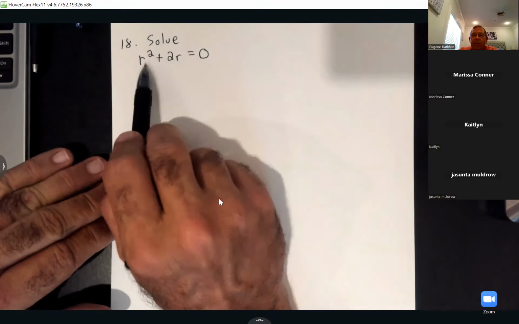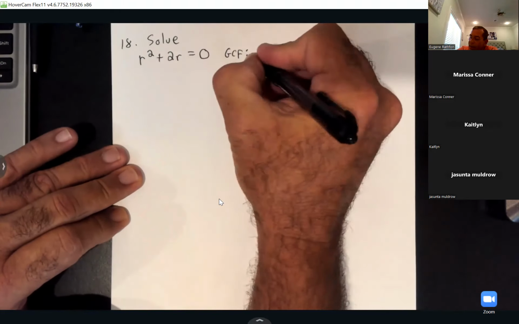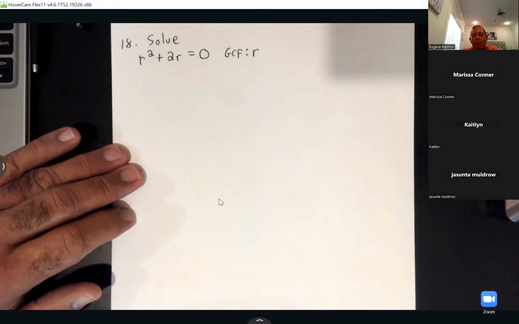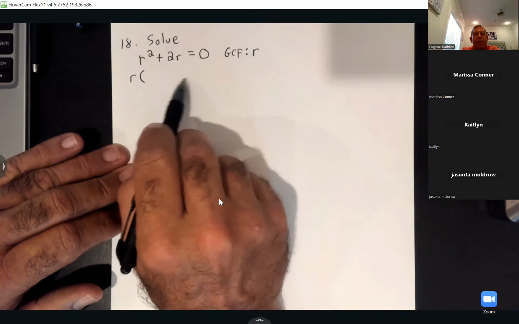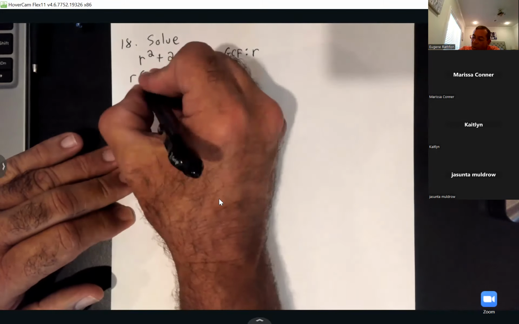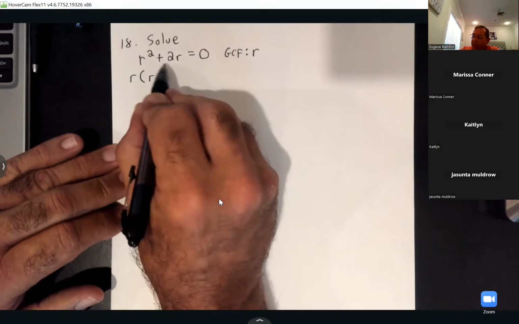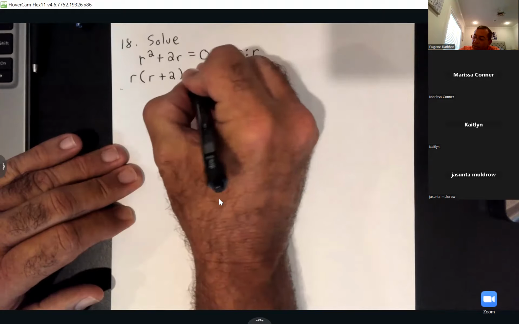Well, y'all, guess what? This does have a GCF. These both have at least an r in them. So we're going to factor the r out and put what's left in these parentheses. So r squared divided by r leaves me 1r. And then the 2r divided by r, the r's cancel, leaving you a 2.